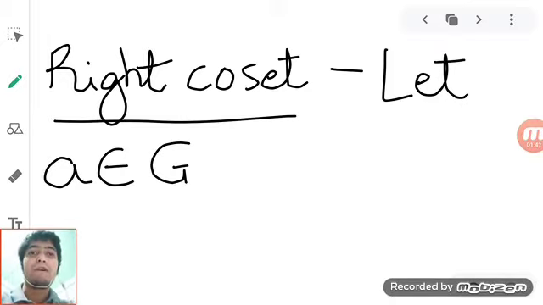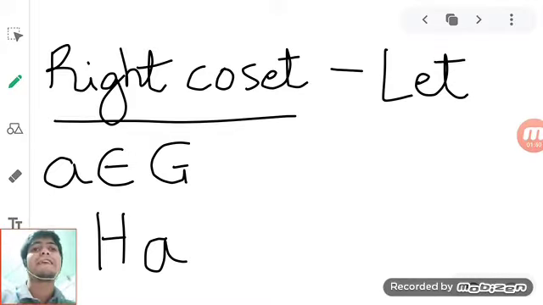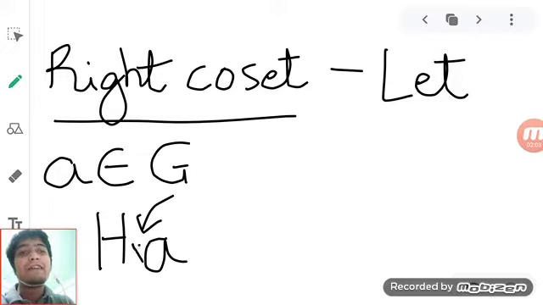We take the subgroup H, and then we place A on the right hand side. H, you operate with A. In between, it is the operation of the group. Sometimes it may be plus, sometimes multiplication, or any other operation. But again, we can easily write this as star, H star A.